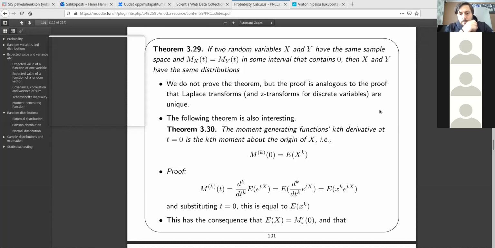And the moment generating functions transform this idea: if you know the moment generating function, then calculating the expected values, variances, and so forth can be reduced to calculating the moment generating function's different derivatives.